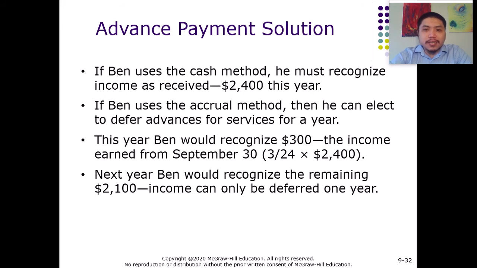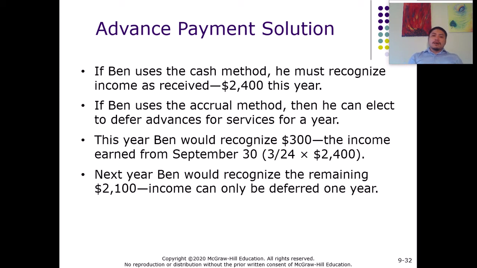As we have discussed, under the cash method, he can recognize the income in full, $2,400, for the current tax year. But under the accrual method, for the current year he can recognize $300, and then the rest of the amount, $2,100, he defers to next year.